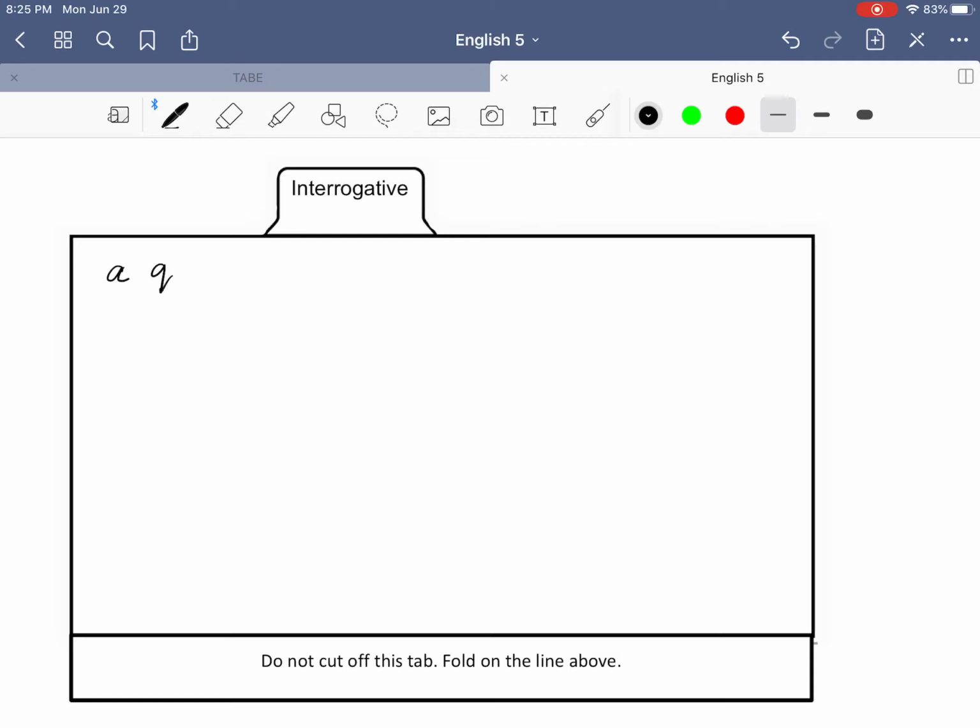So the common name for an interrogative sentence is a question that asks for information. So declarative sentences declare, they tell information. Questions, interrogative sentences, ask for information. A question that asks for information.